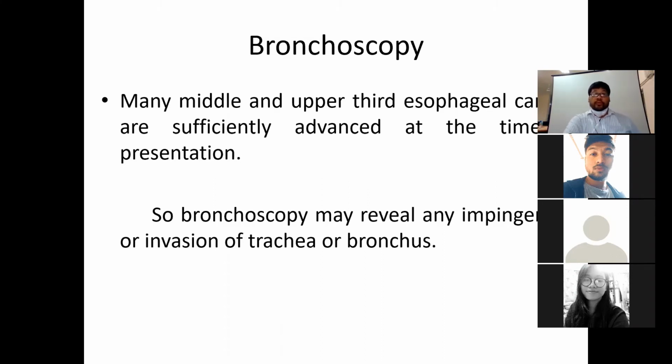It is not helpful in the lower third of the esophageal involvement. So when there is a middle or upper third esophageal cancer, then we should advise bronchoscopy in order to see any involvement of the bronchus with the esophagus.